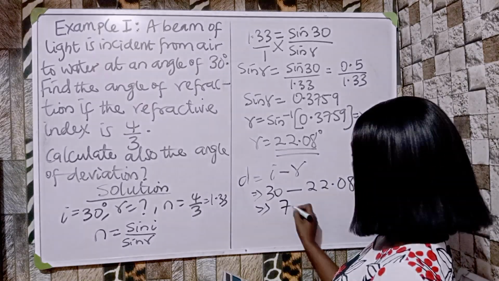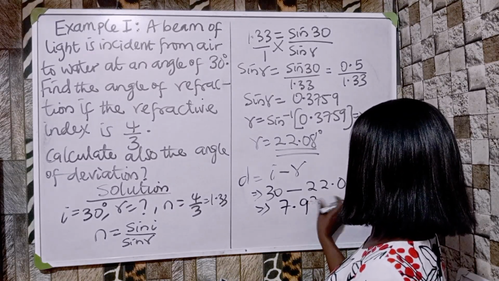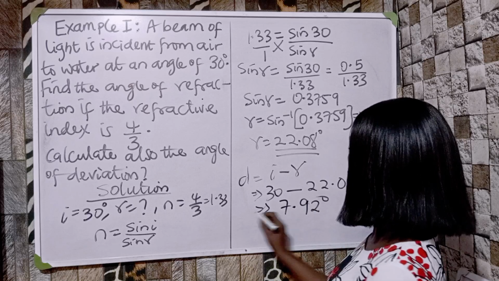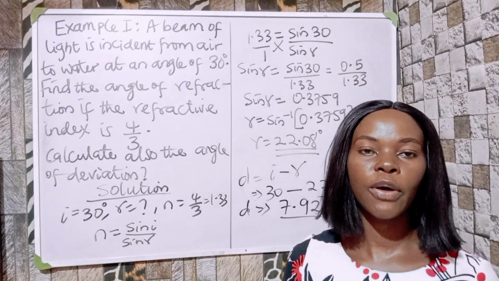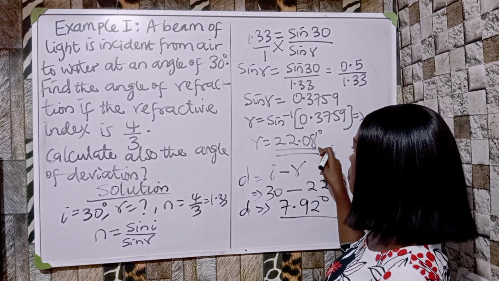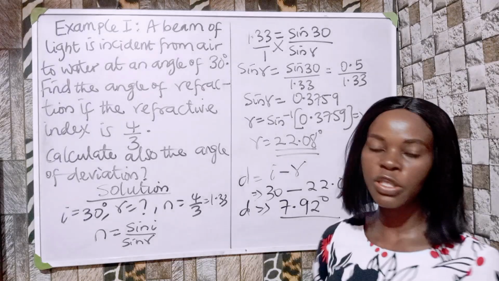I will have 7.92 degrees. That is my angle of deviation. So my angle of refraction is 22.08 degrees, and my angle of deviation is 7.92 degrees.